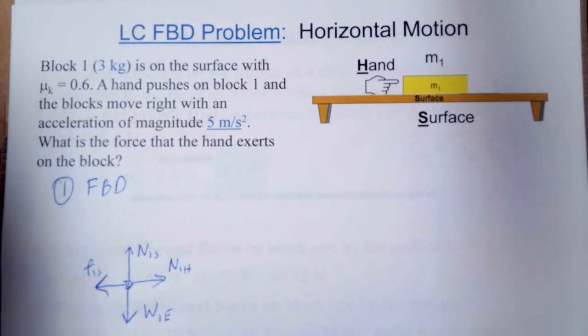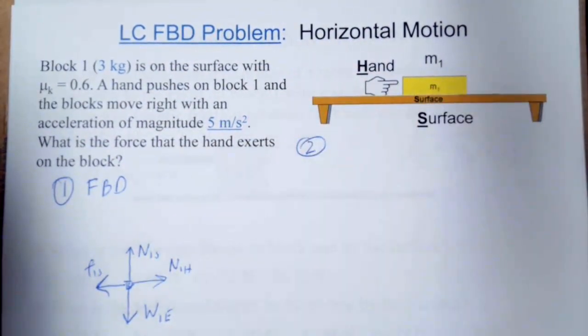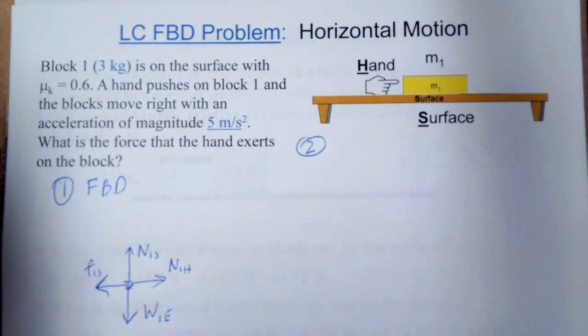So now we want to be able to solve this. Our next step is to use the second law of motion to set the sums of the forces equal to the mass times acceleration. So what do we know here? The hard part is finding the value of the normal force by the hand on the block.